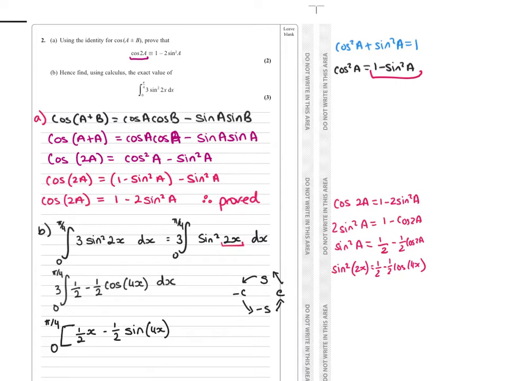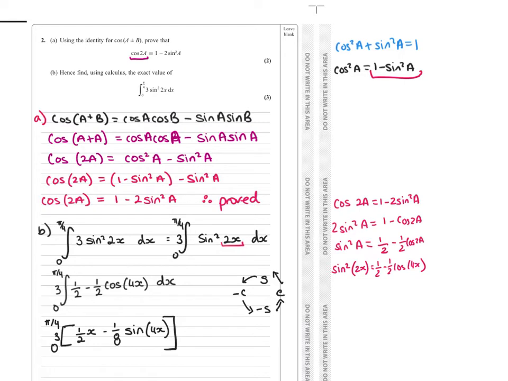It's chain rule. If we divide by the differential of 4x, which in this case is 4, so minus a half divided by 4 is going to turn into minus 1 over 8. We've got 3 lots of this.